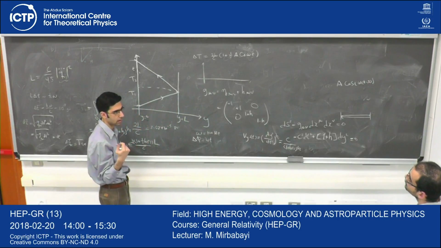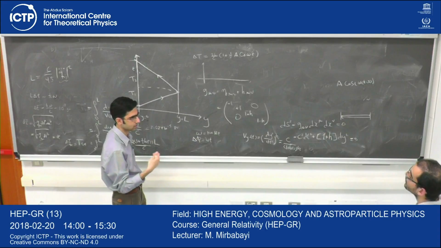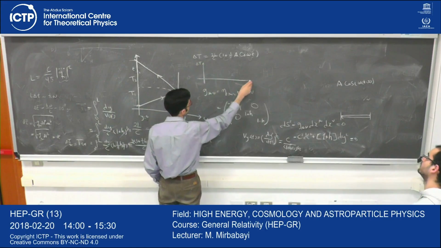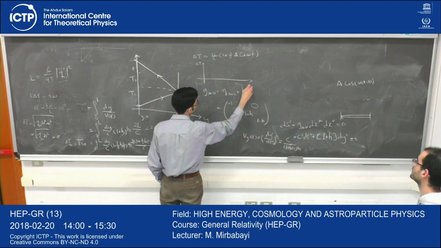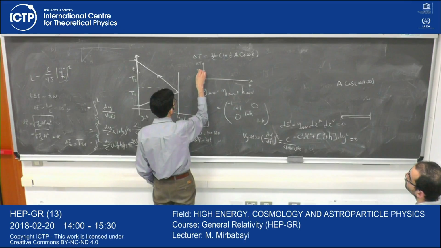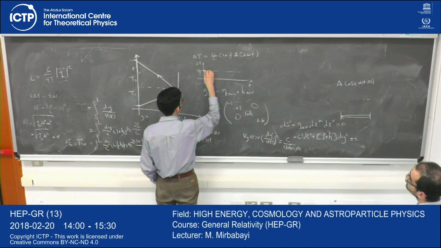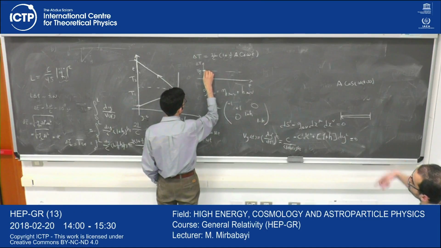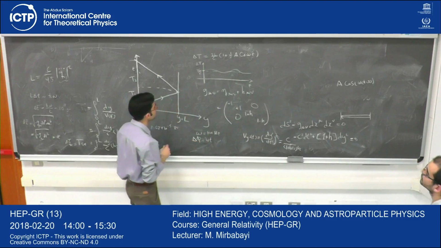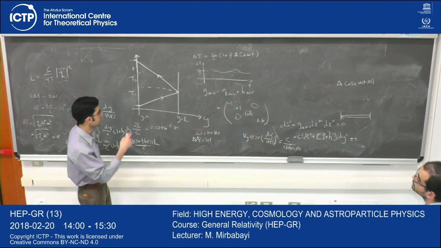I label the photons so I know which one is coming back. And I measure this delta tau as a function of t. So what I see is that this is 2L over c, and then it's just oscillating with frequency omega with a tiny amplitude.